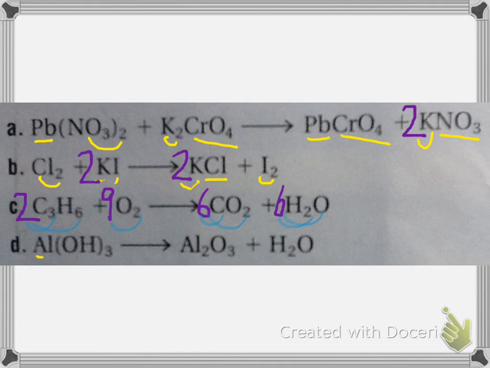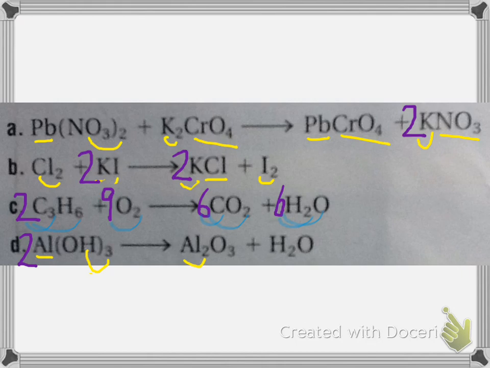All right, 1 aluminum, 2 aluminums. We need a coefficient of 2 in front of aluminum hydroxide. 3 hydroxides. Okay, well, we're going to have to count them as oxygens and hydrogens, so we'll kind of erase that. All right, so let's look at hydrogen next because it's only in one spot.